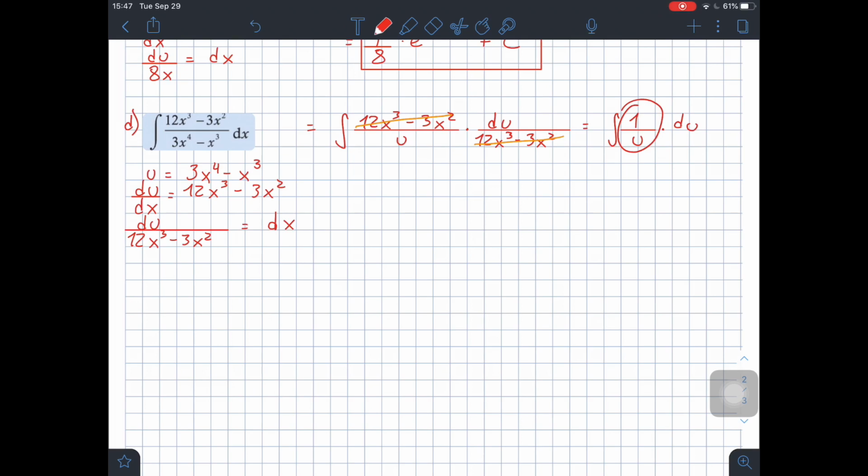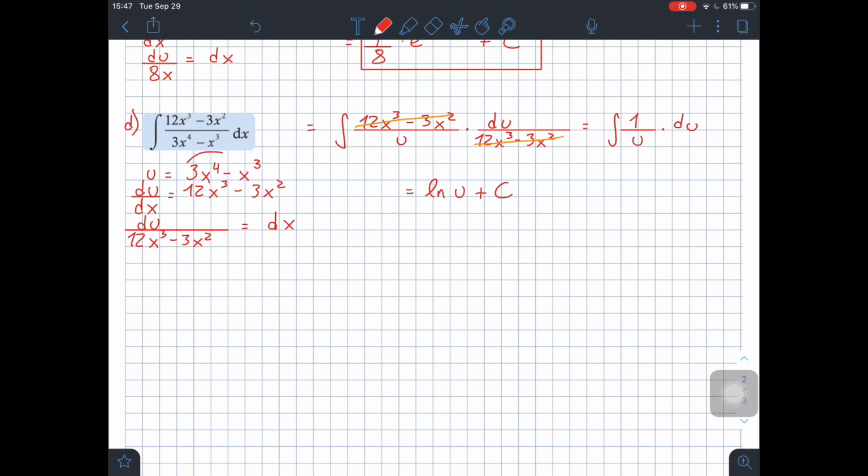And if you remember from previous classes, the integral of 1 over u is the natural logarithm of u. So this is the same as saying the natural logarithm of u plus c. But once again, remember we need to go back to the original state of the function.